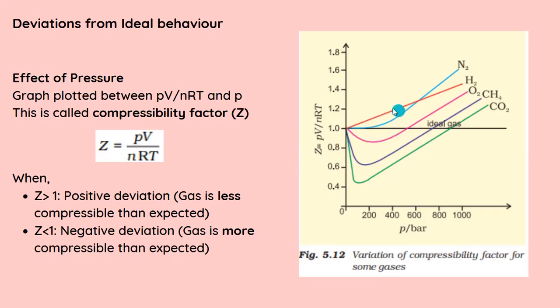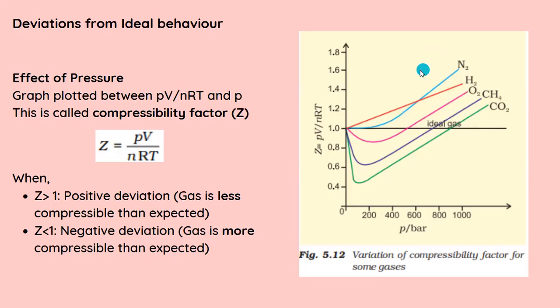So here, if you notice, these values where the value of Z is more than 1 all show a positive deviation. On the other hand, these values down over here show a negative deviation. The main difference is that in the case of a positive deviation, the gas is going to be less compressible than expected.